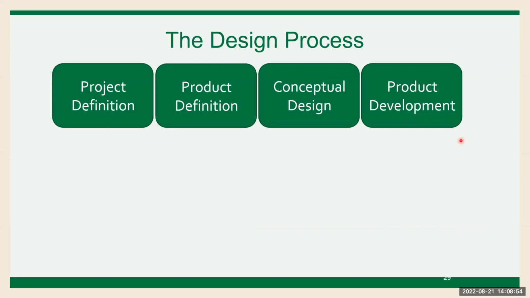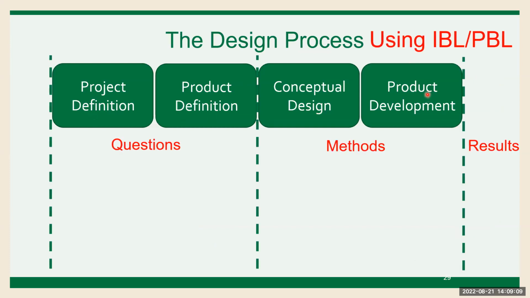Last thing here is really the design process, and showing you that inquiry-based or project-based learning really falls under this. This is project definition, product definition, conceptual design, product development, which I showed you at the very beginning, and then using those definitions from before, the questions, methods, and results. This is the way to overlay IBL onto the design process. So using IBL, PBL, this is where you end up.